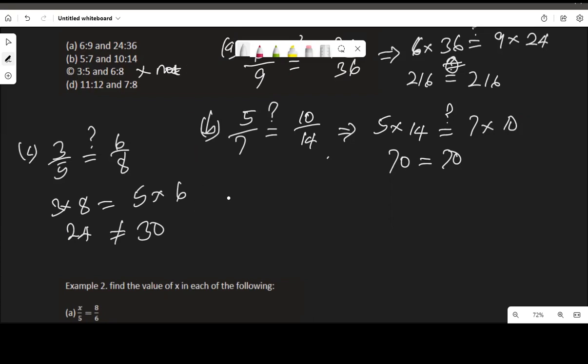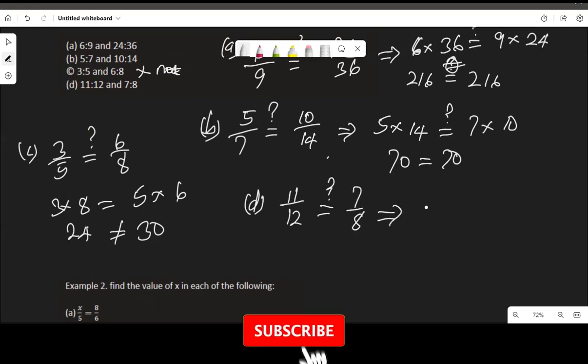Then lastly, 11 to 12 and 7 to 8. Let me do that here. 11 to 12, that is 11 over 12. Let's assume it is equal to 7 to 8, that's 7 over 8. We then cross multiply: 11 times 8.